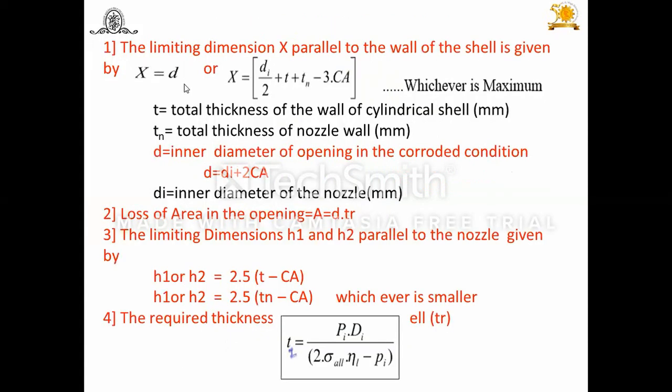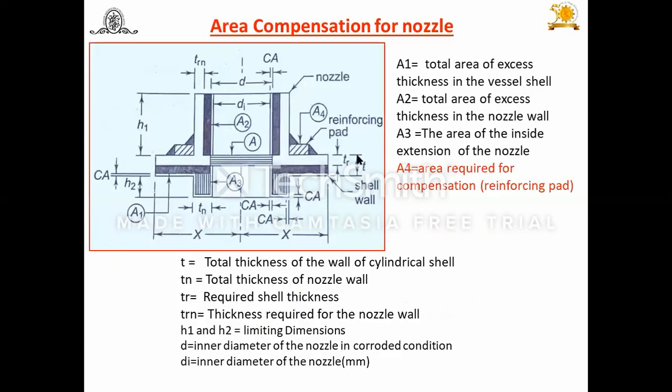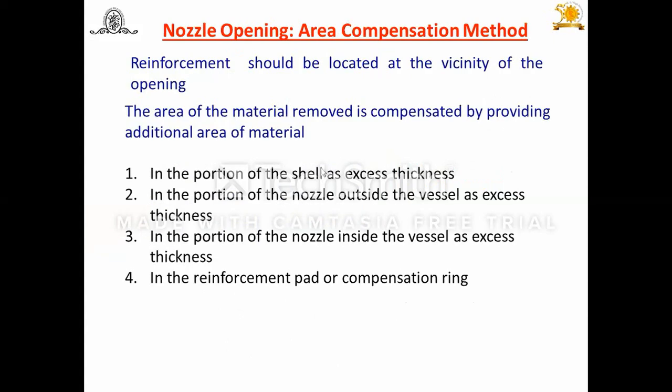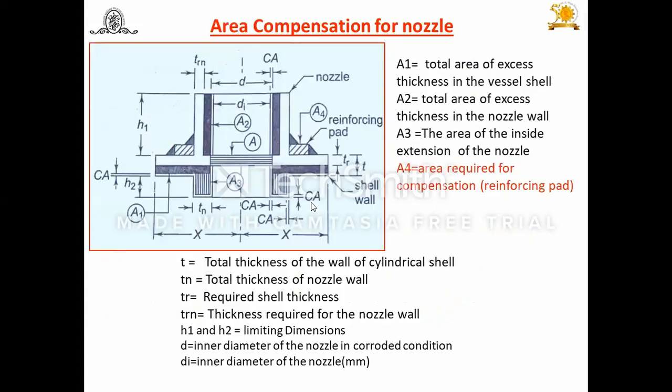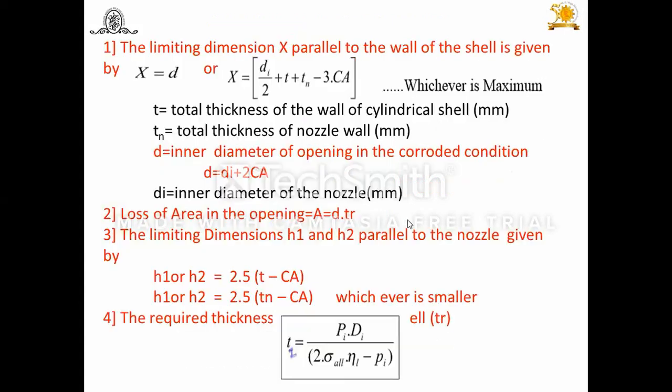So this X is equal to D, or X is equal to Di plus 2Ca plus the thickness of the cylindrical shell, total thickness. Total means this T, not only the cylindrical shell, this T, including this area thickness also. Then plus Tn. Tn means the total thickness of the nozzle. Total thickness means, look at this. This is Tn. This is the thickness of the nozzle, Trn, plus this. This is Tn. What we have to do?